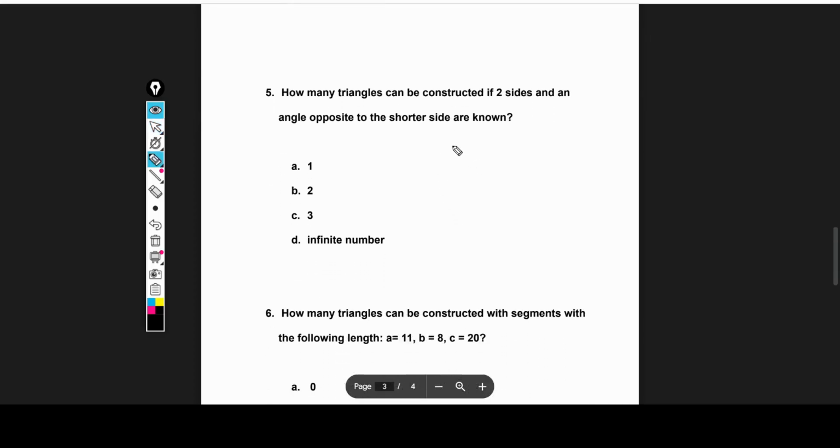Let's say we have two sides and then an angle opposite to the shorter side is known. How many triangles could we make? And so like all the other ones, you might think that this is just one triangle, but there's actually two triangles.